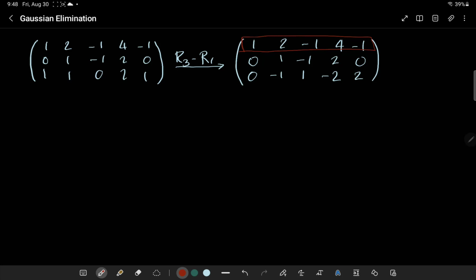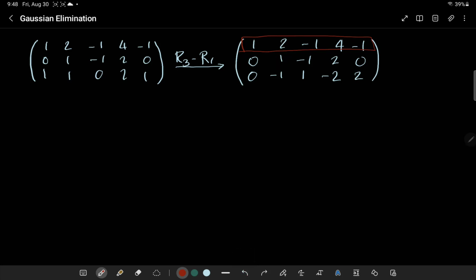And you're going to proceed in the exact same way as we did. Find the leftmost non-zero column. Your leftmost non-zero column is this one. Same step 1 as before. So based on that one, we're going to say, do I have a 1? Yes. Is it in the top position? Yes. Okay, we don't have to do anything. If it's not, we're going to exchange rows to make that 1 the top position.